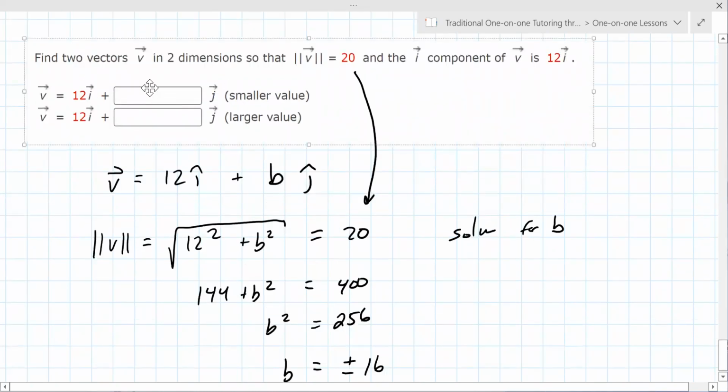So we take that to mean that that is minus 16, positive 16. So we don't know the value here, so we assign it a variable. We write out the formula for magnitude. We know the length, so we can solve for that value.